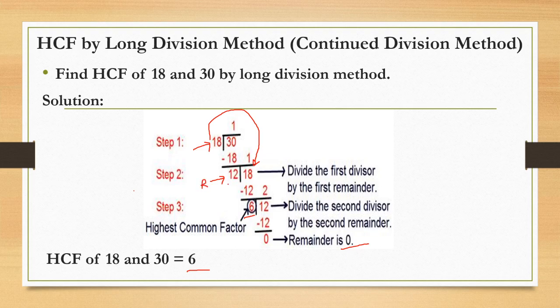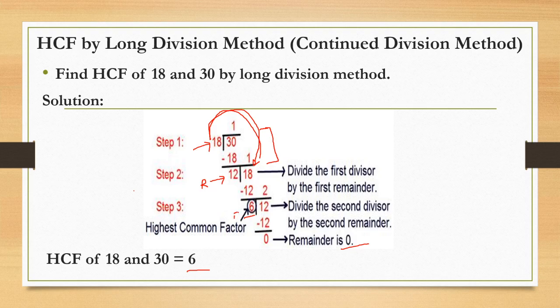Remember, this step is the same as we do in division of two numbers. Now from here we have to do some changes. What changes? This remainder becomes our divisor and this divisor becomes our dividend. Again repeat the same process. In table of 12, one time 12, after subtraction we got 6.